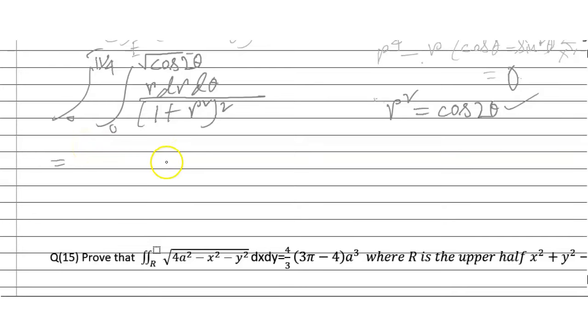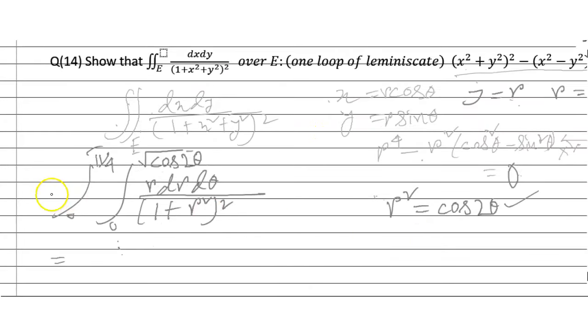So this is the one loop. So half has been shaded, so we multiply with 2.